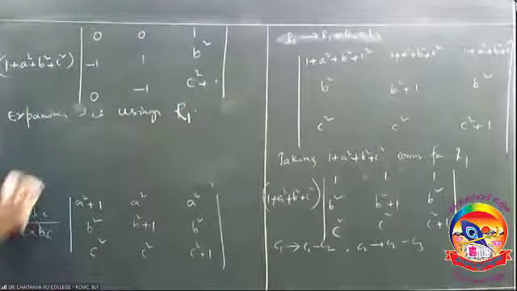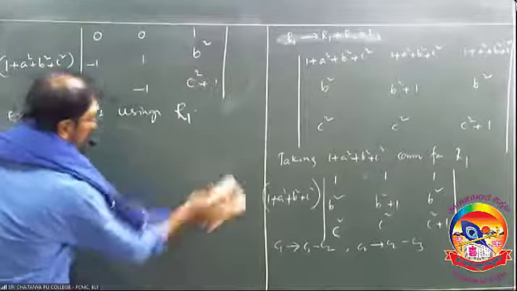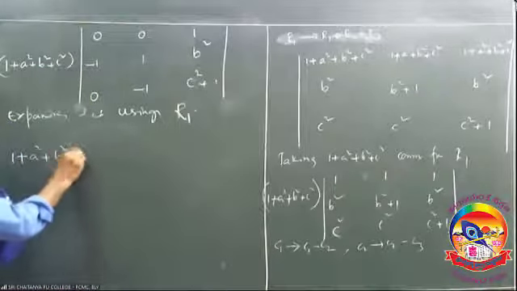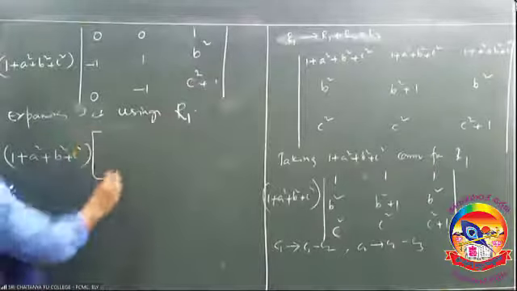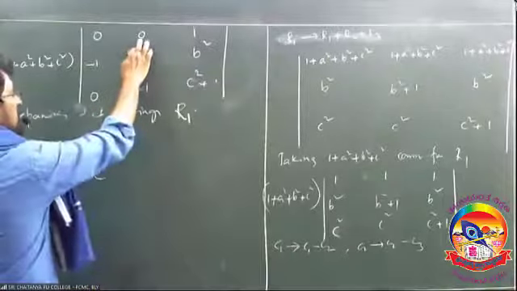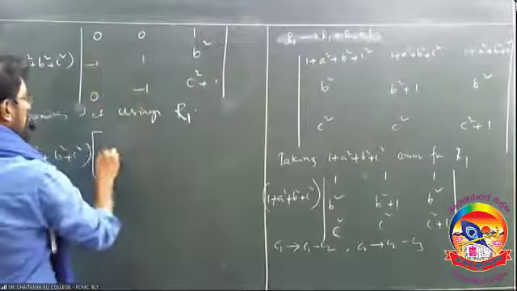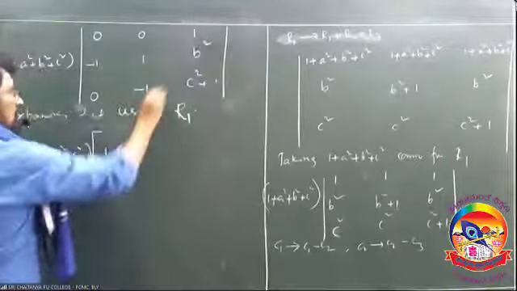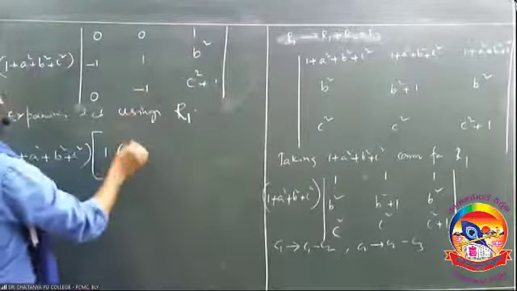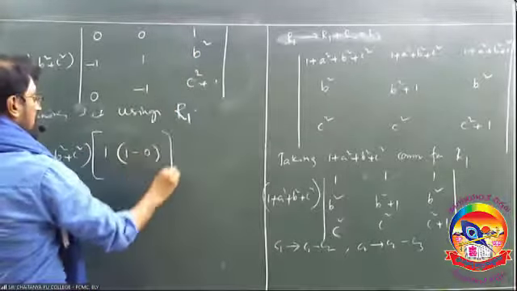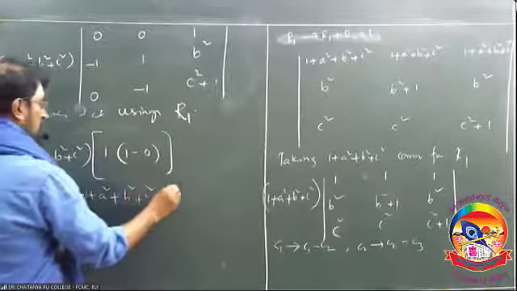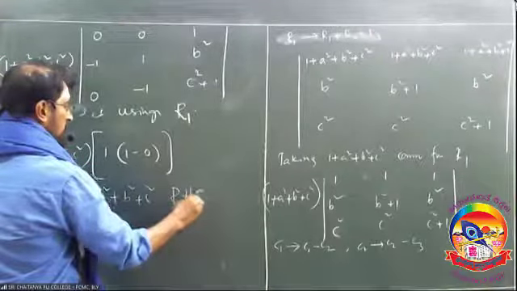That means expanding the determinant by using R1, you are going to get 1 plus A square plus B square plus C square into, listen, 0 into anything 0, minus 0 into anything 0, plus 1 into, eliminate this row, this column and this row, 1 minus 0. That means you are going to get 1 plus A square plus B square plus C square. This is RHS. Copy this one.